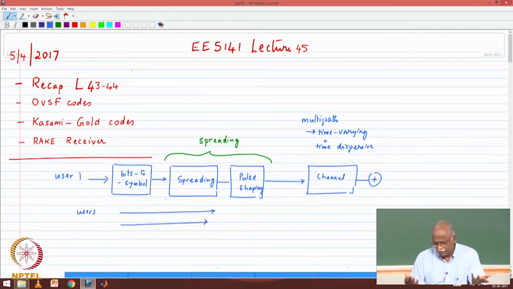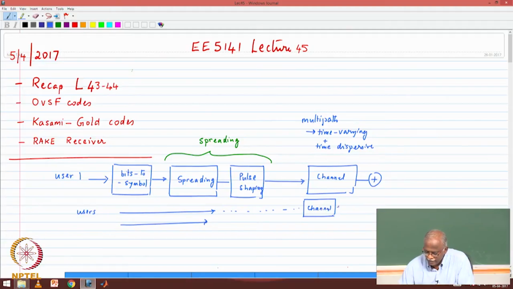If they are spread spectrum, each of them will go through similar operations and through their own channel, and then will get added on to ours. So you will have several of these interfering signals getting added, and to all of this we have the AWGN that will always be present.